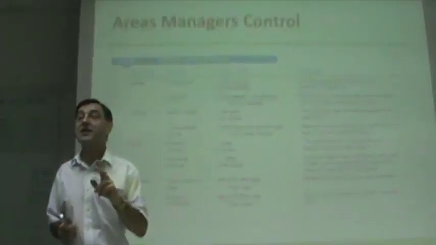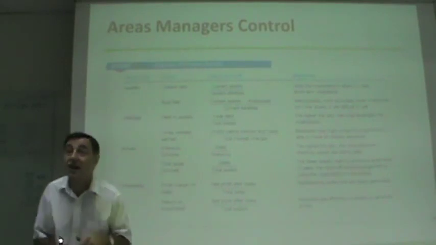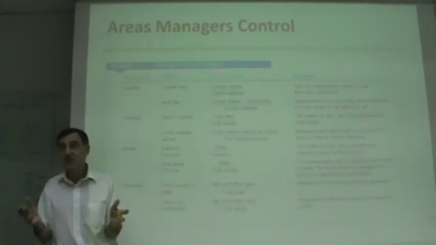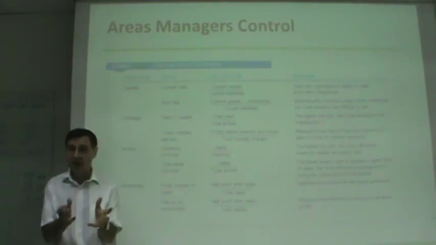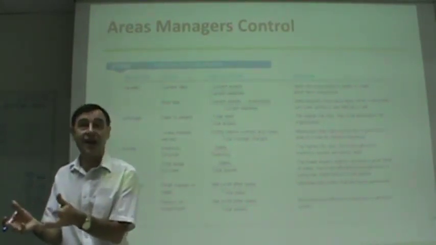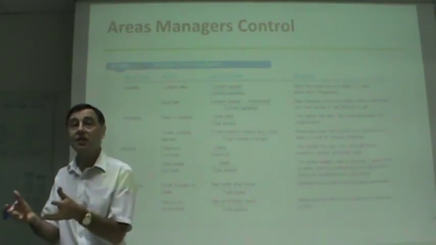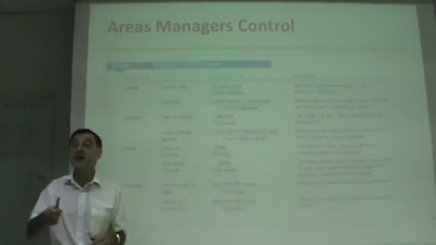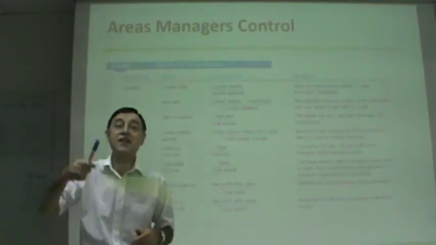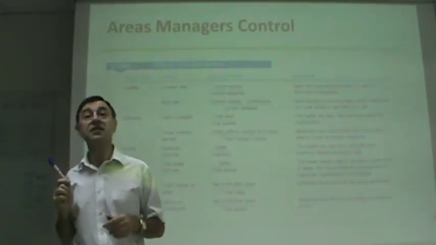The other type of analysis we use in finance is called budget analysis. And budget analysis is based on a budget. And budget is a financial plan. Example I gave you 2 lectures ago is your budget is 10,000 Thai baht a month.